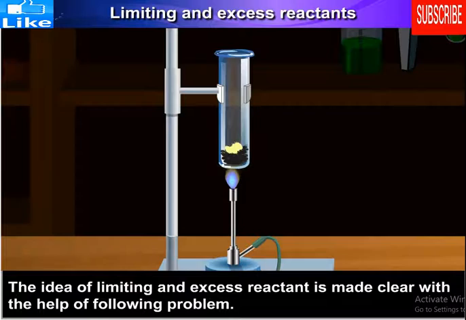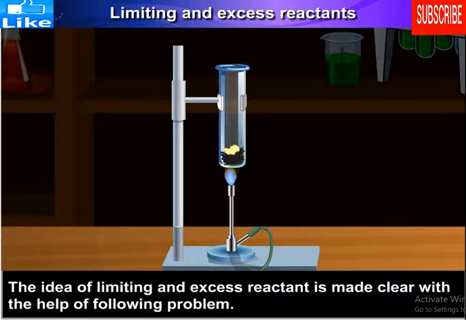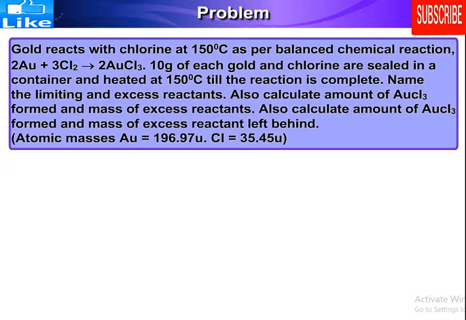The idea of limiting and excess reactant is made clear with the help of the following problem. Gold reacts with chlorine at 150 degrees Celsius as per the balanced chemical reaction 2Au plus 3Cl2 gives 2AuCl3. 10 grams of each of gold and chlorine are sealed in a container and heated at 150 degrees Celsius till the reaction is complete.